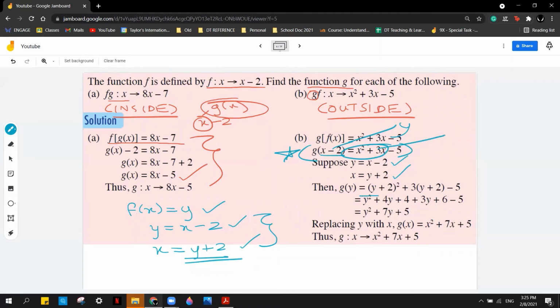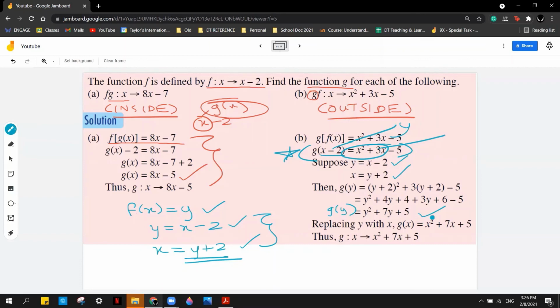Be very careful, do not make careless mistakes. Then you just simplify until the last step. The final answer here is gy equals y squared plus 7y plus 5.